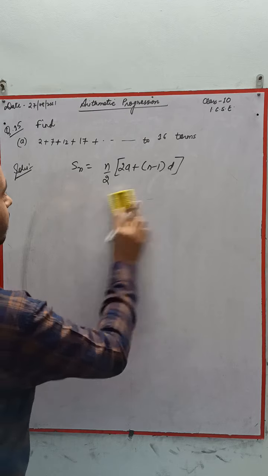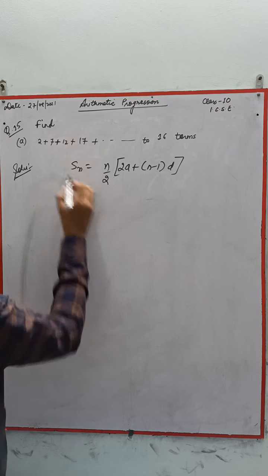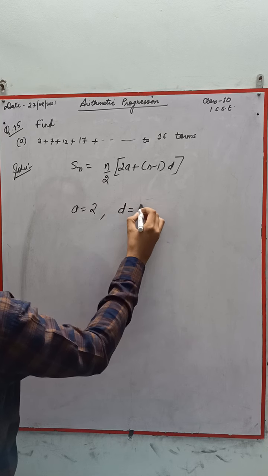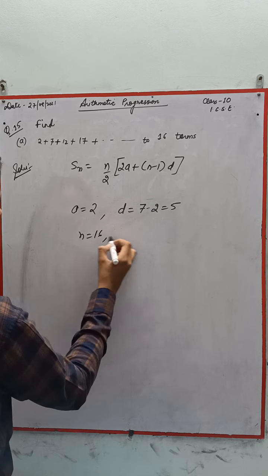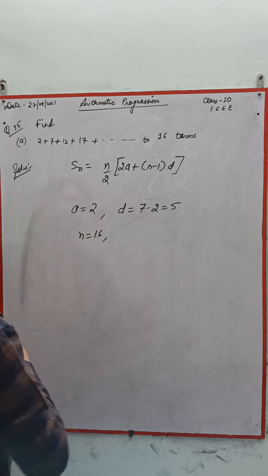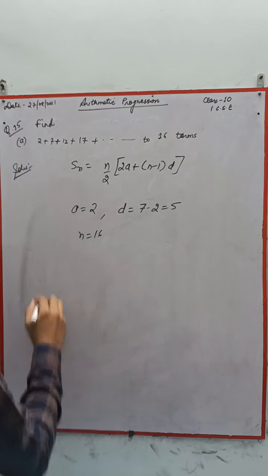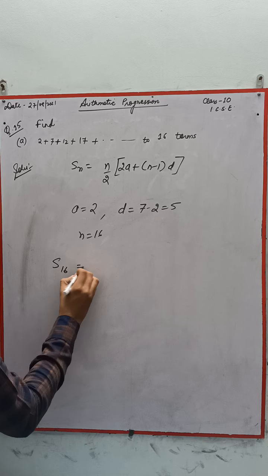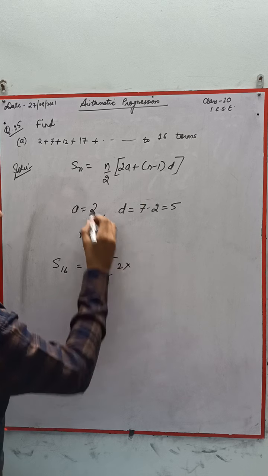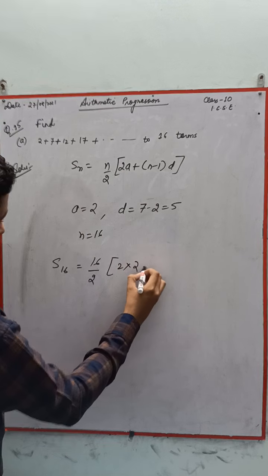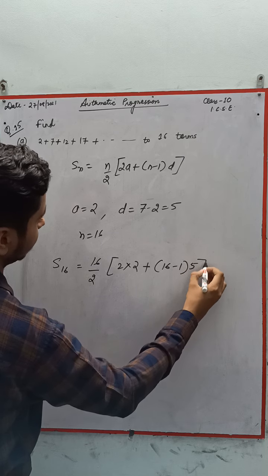Before substituting the values, we have a is equal to 2, d is equal to 7 minus 2 which is 5, and n is 16, given to us. Only these three we require. So S16 is 16 upon 2, 2 into a, that is 2, plus (16 minus 1) into d.